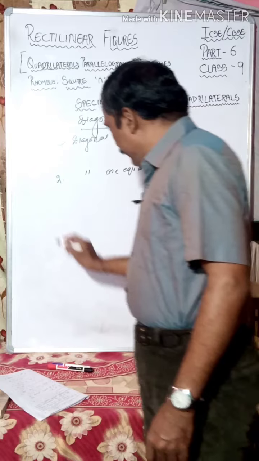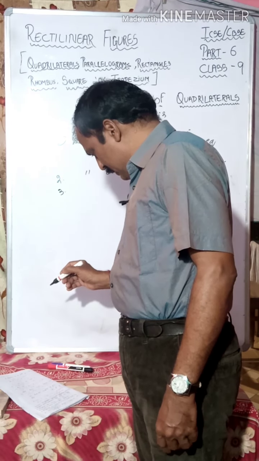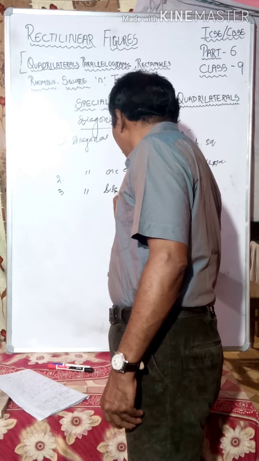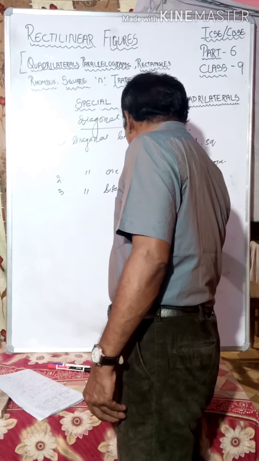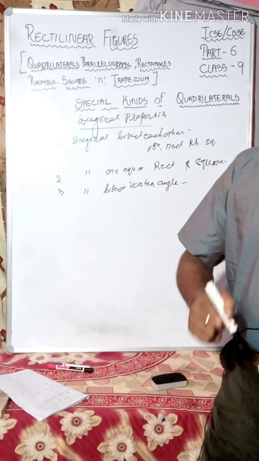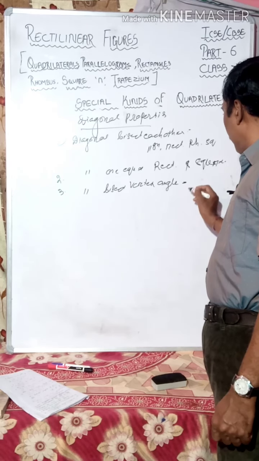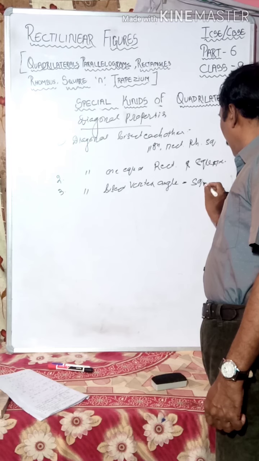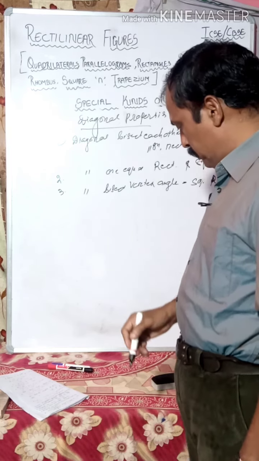Next, point 3, diagonals bisect vertex angles, which means the diagonals are angle bisectors, in square and rhombus.